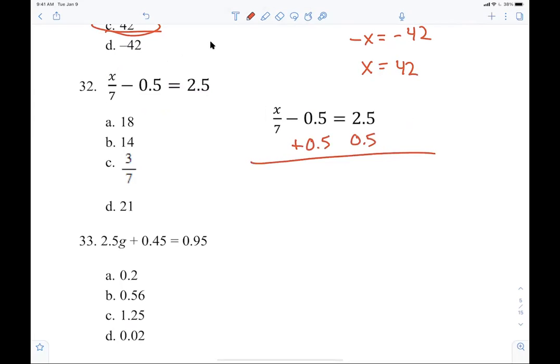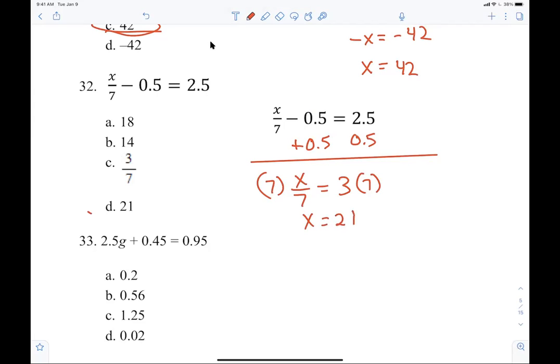And so now what am I left with? x over 7 equals 3. Good job. Now what? Then you would multiply both sides by 7. Thank you, Eddie. So x equals 21. Perfect.